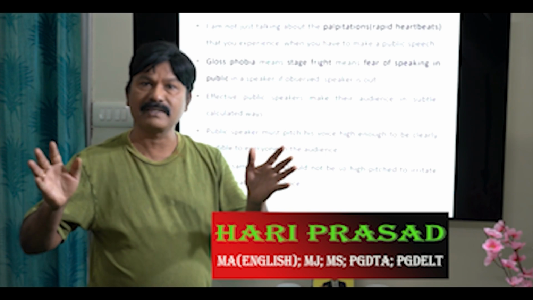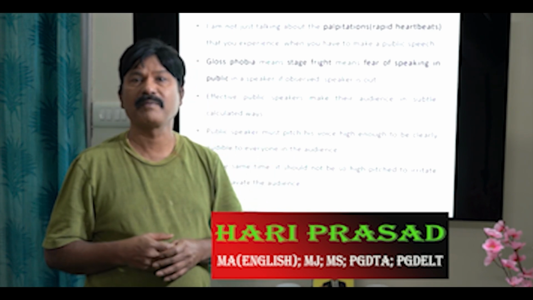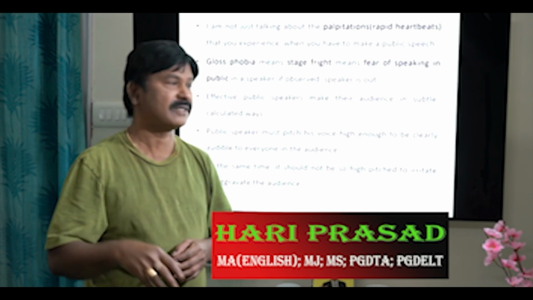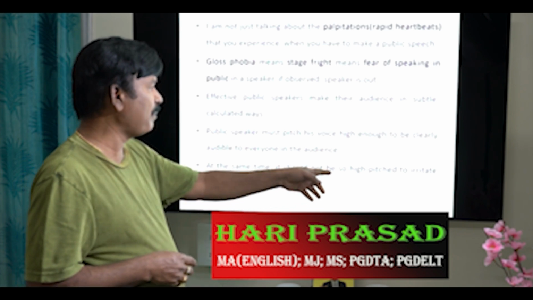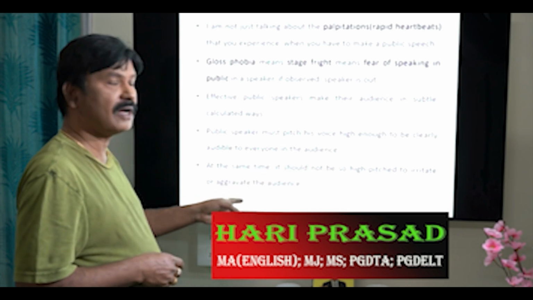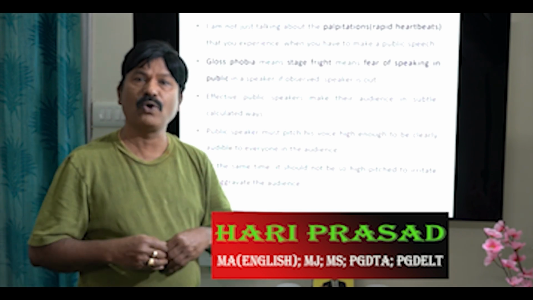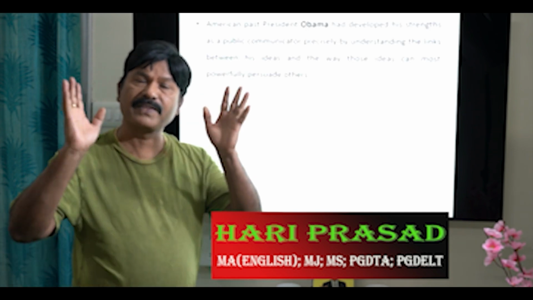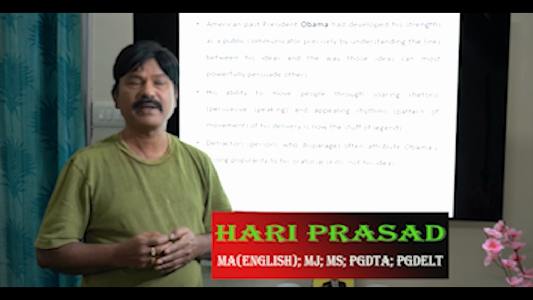Whoever is there in the audience, everyone should clearly hear what he is speaking. That is the power of the public speaker. At the same time, he should not be so high-pitched as to irritate or aggravate the audience. If the voice is so high-pitched, it will irritate the audience, and the speaker is dead. Okay?